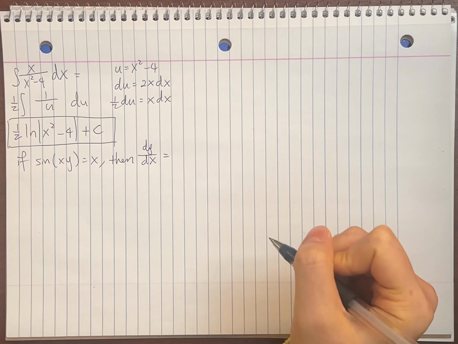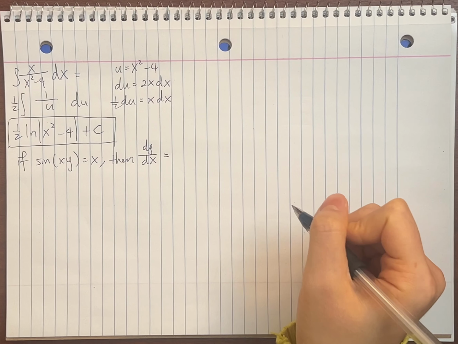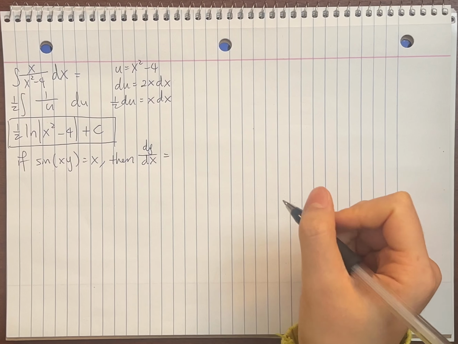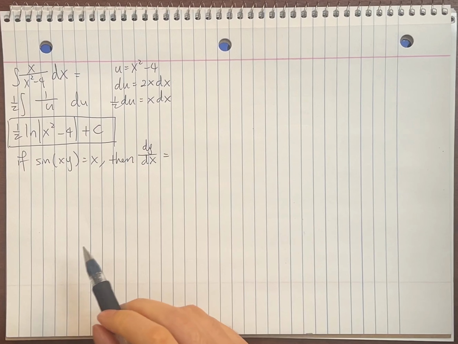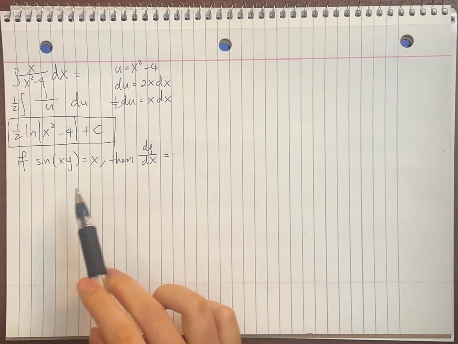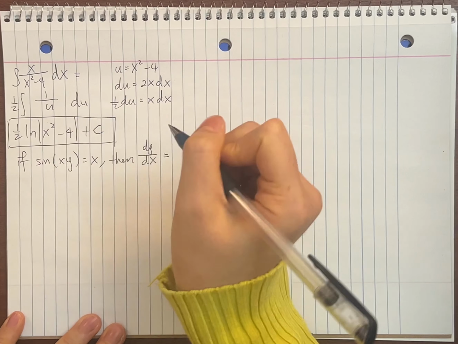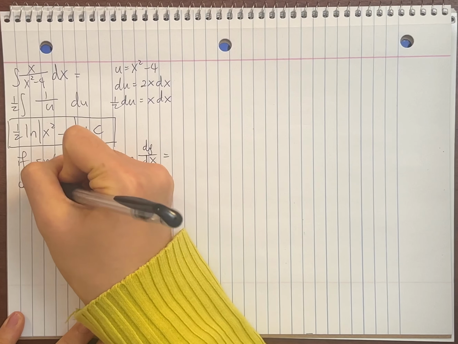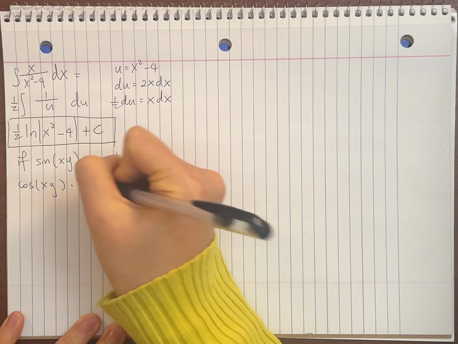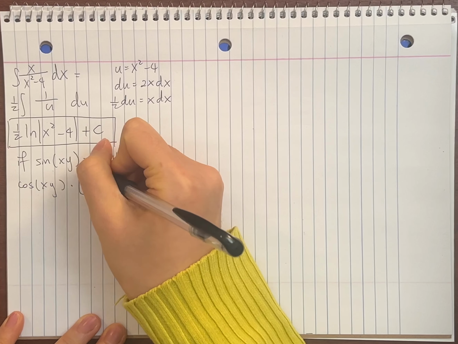Try this on your own first. So for this question, we can find the dy dx, like take the derivative on both sides. So the original function will be this. Don't forget the chain rule in here.